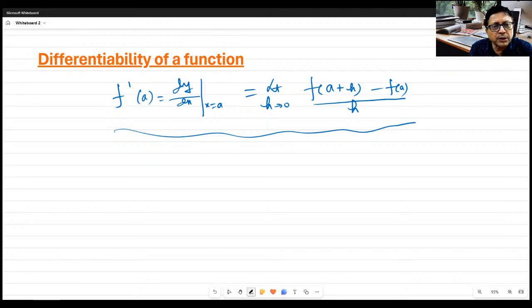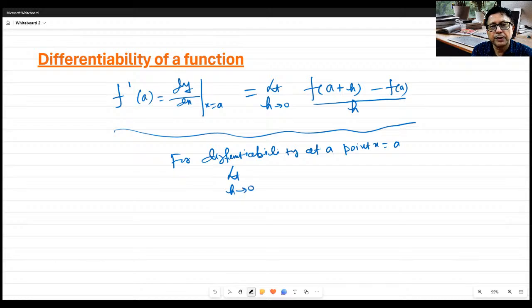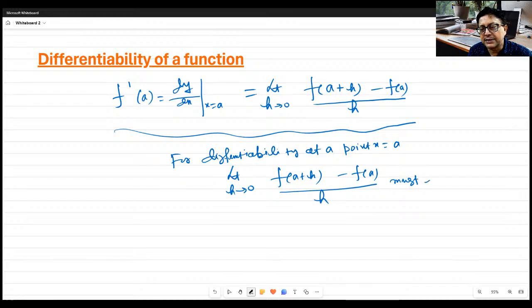So for differentiability at a point x equal to a, limit h tending to 0 of f of a plus h minus f a by h must exist.